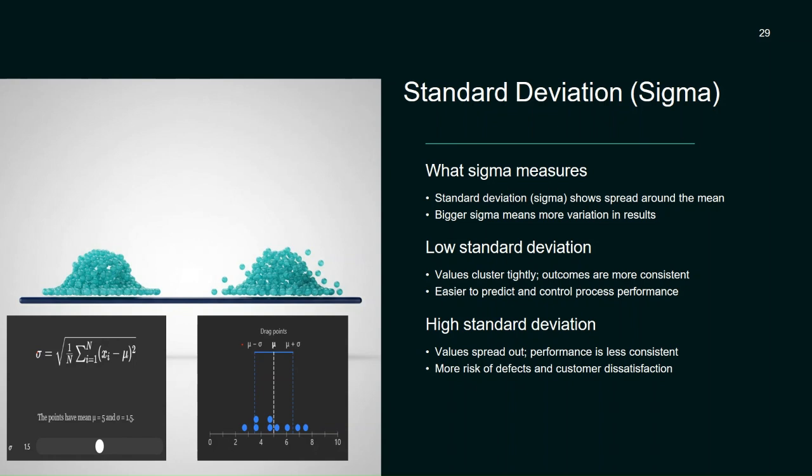That is why we say a higher standard deviation is not good. Your values are spread out. Your performance is less consistent. You have more defects. So you have to strive to bring your standard deviation to the center, and make it less. How many times is my invoice getting rejected every month?